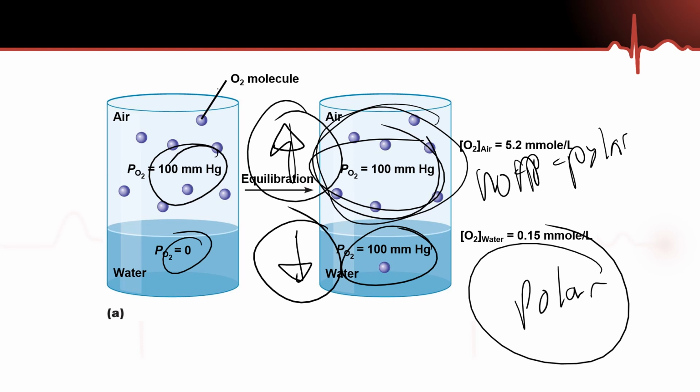The concentration of oxygen within the air is significantly higher, I mean literally infinitely higher, than the concentration of oxygen within the fluid, but their partial pressures are at equilibrium. And the reason is because we didn't actually need very many oxygen molecules to move into the fluid to drive the partial pressure of oxygen within the fluid up to 100, which is the same as the partial pressure of oxygen within the air. Let's relate this now to carbon dioxide.